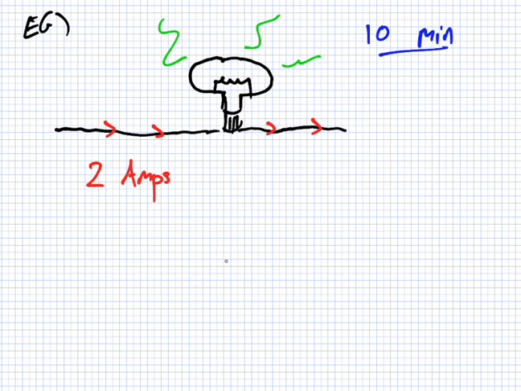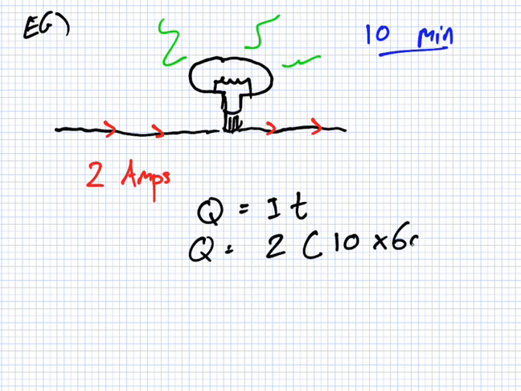Okay, so first we have Q equals IT, Q equals 2, and the time should be in seconds, so that's 10 multiplied by 60. Yeah? Okay, so that's 1200 coulombs. Now that's how many coulombs of charge go through the light bulb, but we would like to know how many electrons.